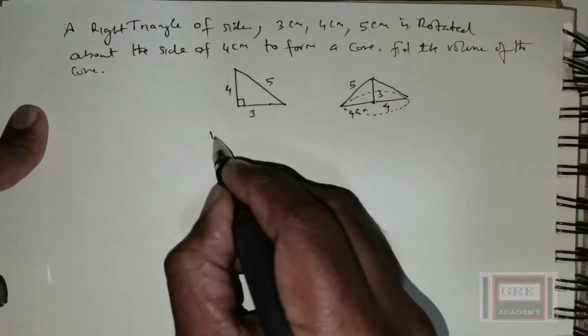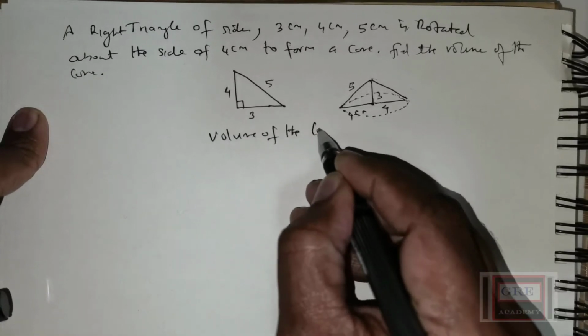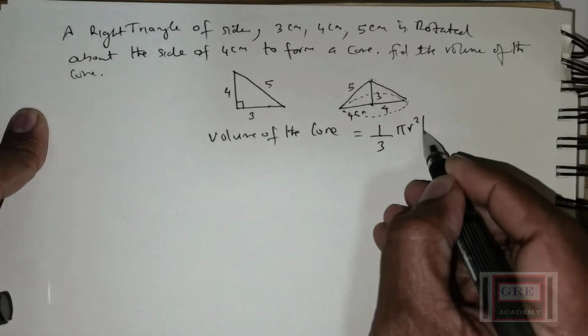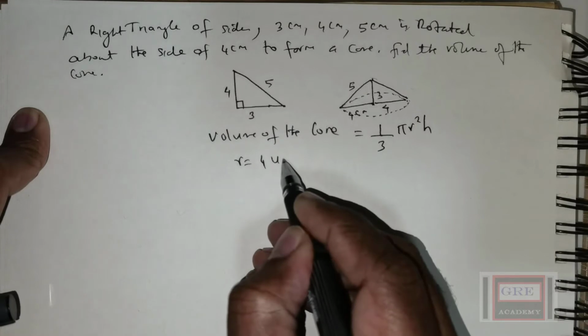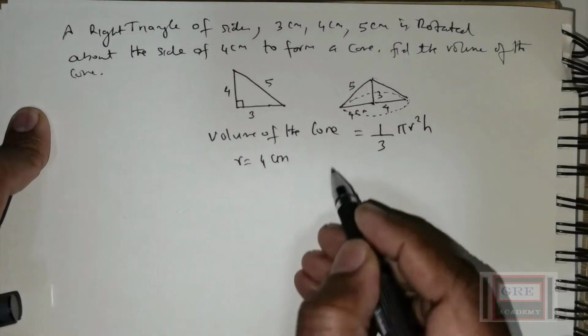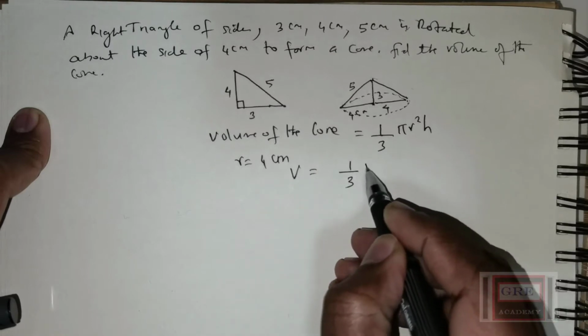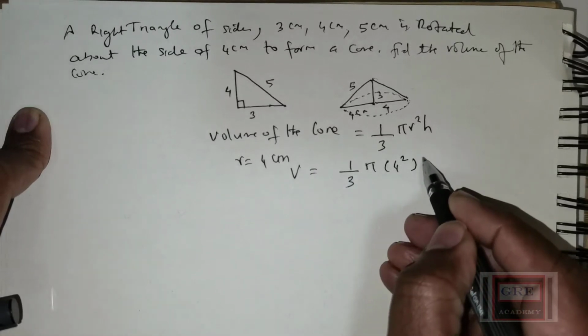So the volume of the cone from the formula, we know it's 1/3 pi r squared h. The radius formed here is 4 units or 4 centimeters. So therefore the volume of the cone would be 1/3 pi r squared times height.